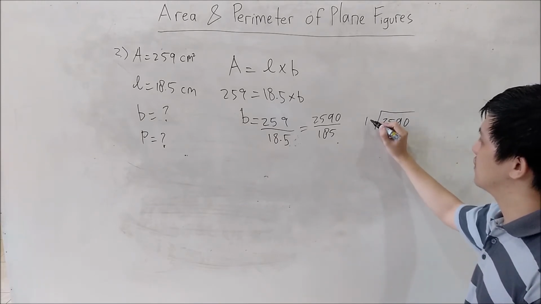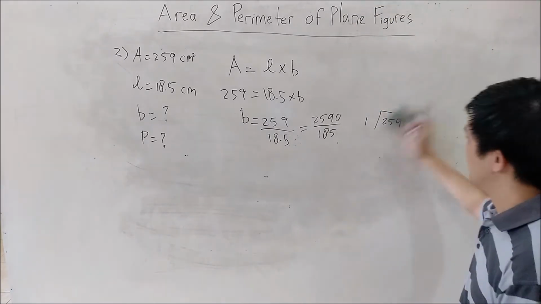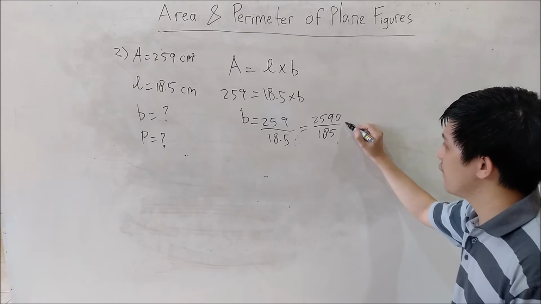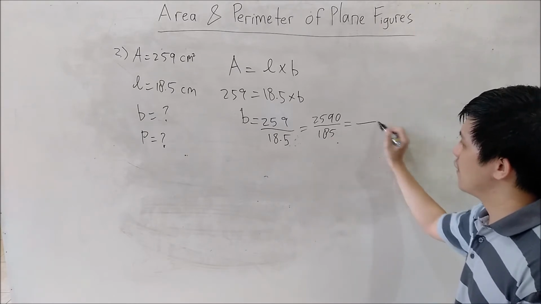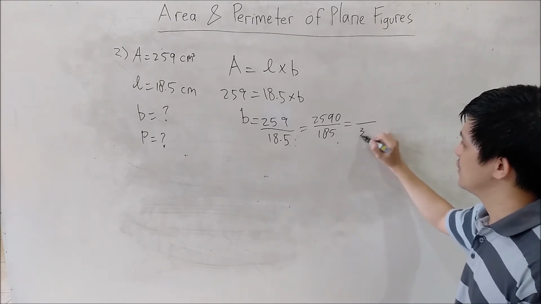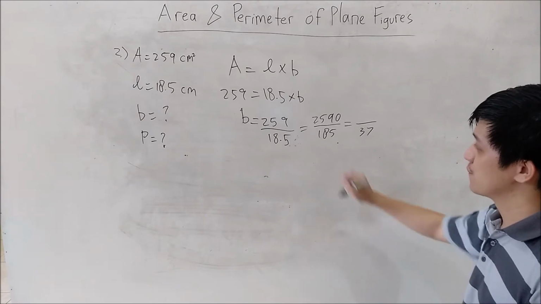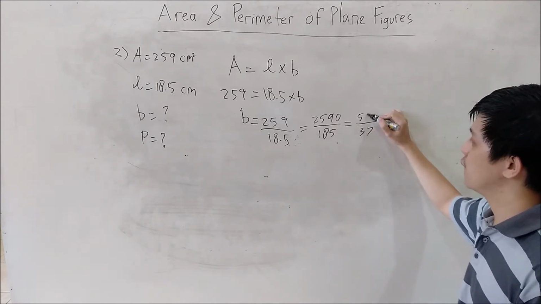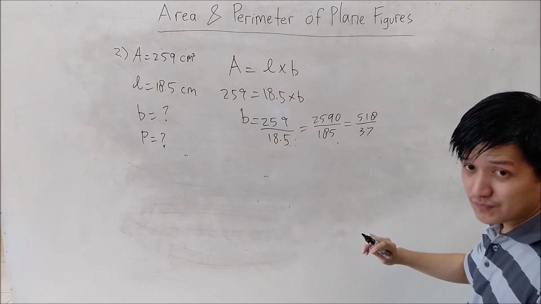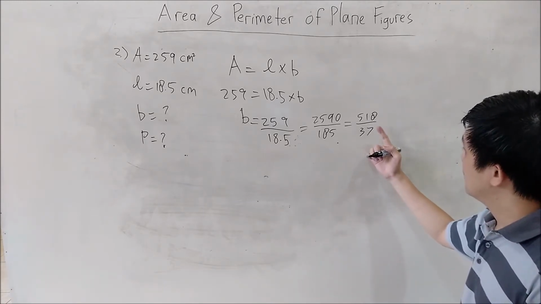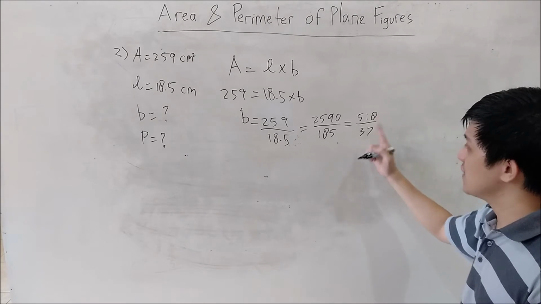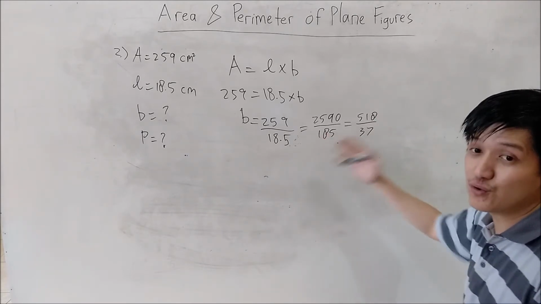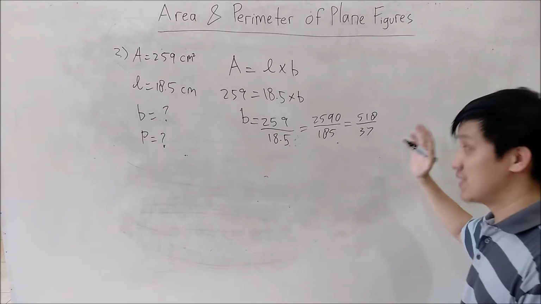You can simplify it first, divide it by 5. When you divide it by 5, it will become 37, I believe. And then when you divide it by 5, it will be 518. You divide 518 by 37.